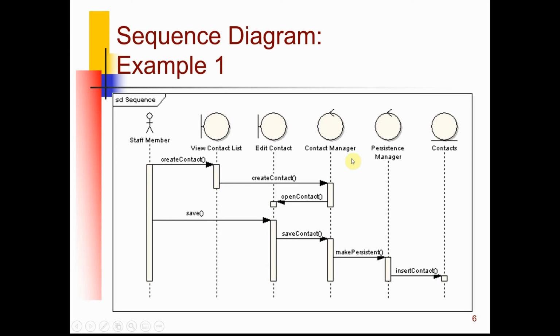This example is a very typical sequence diagram, and I want you to dig into it. The sequence diagram in your lab and your term project should be very similar to this, and must contain boundary, control, and data.